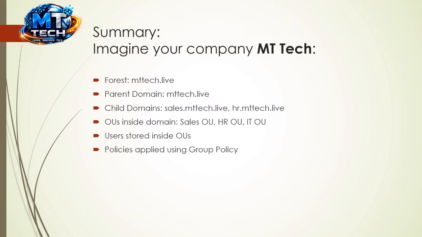So now let's jump to the summary of the entire explanation and give you a clear picture and articulate what we have talked about. So the forest is emptytech.live, and the parent domain is emptytech.live. The child domains are sales.emptytech.live or hr.emptytech.live.